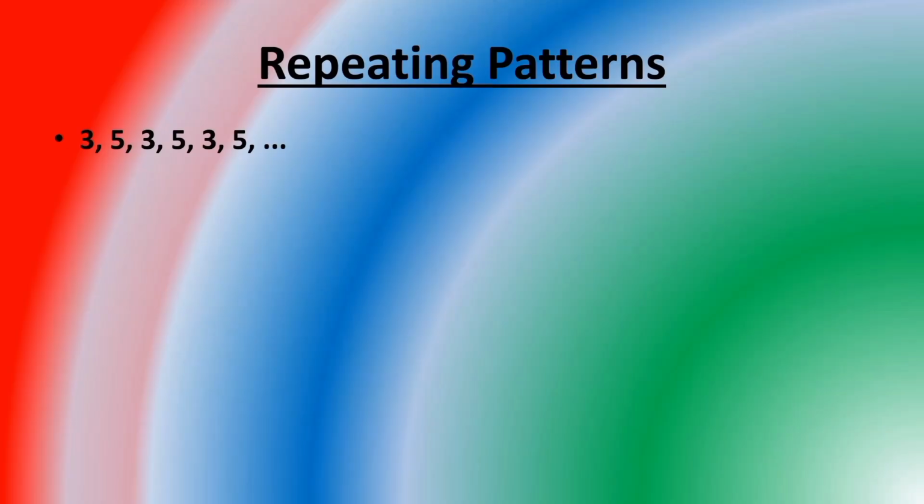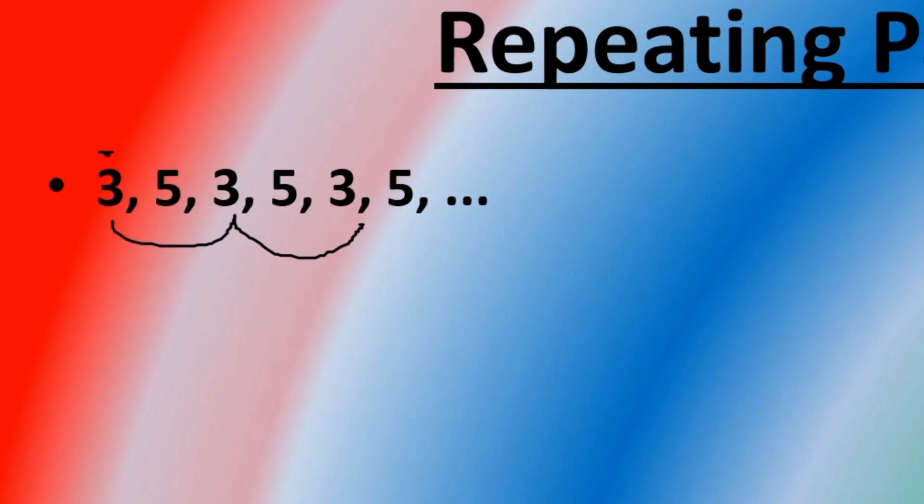Repeating patterns. So numbers are given here: 3, 5, 3, 5, 3, 5 and a blank. You have to find the next number. So how will we do that? In this pattern, if you see, after each 3, the number 5 is coming, alternating, and in the same way 3 is also coming.